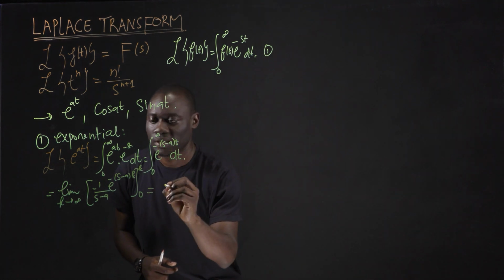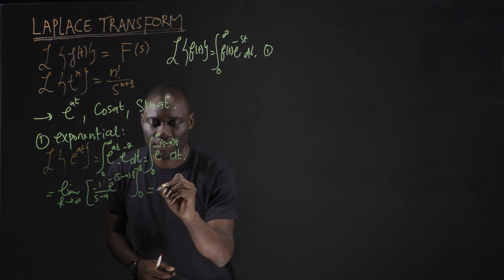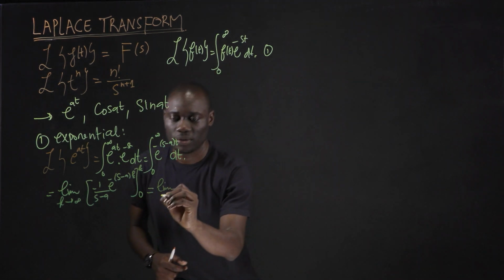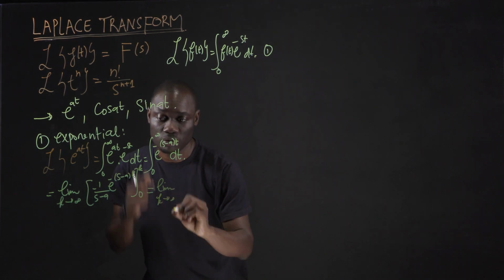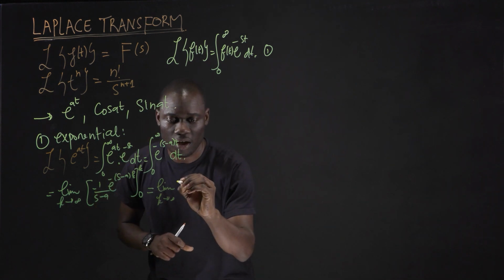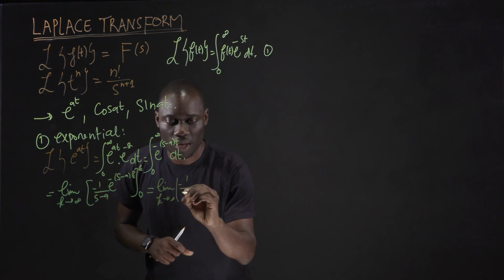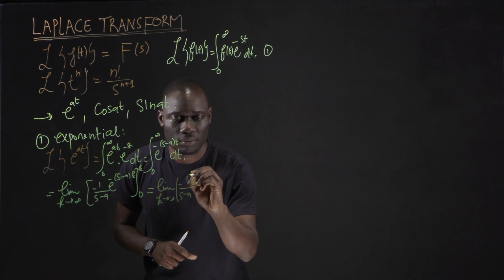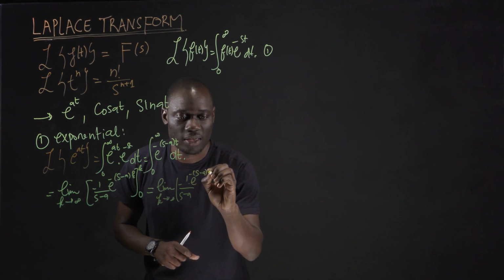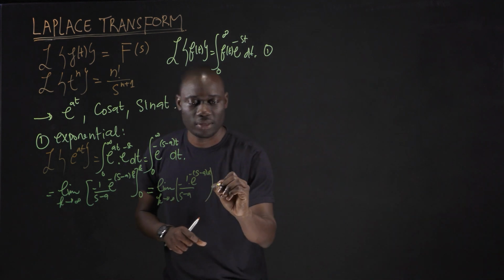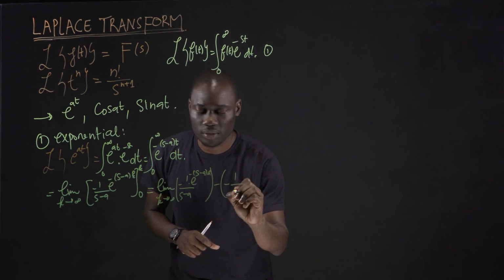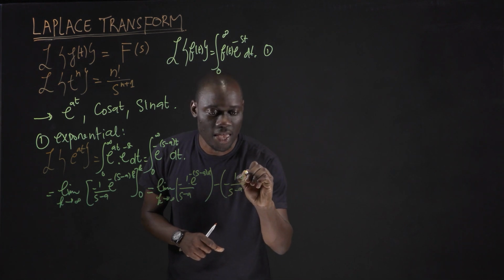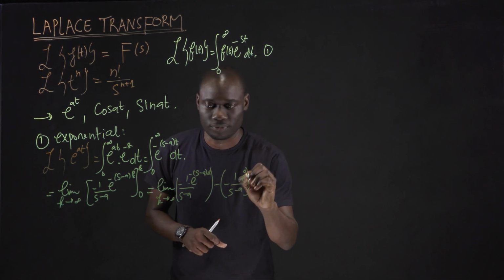We have the limit, when k tends to infinity, of minus 1 over (s minus a) times exponential minus (s minus a) k, minus minus 1 over (s minus a) times exponential 0.